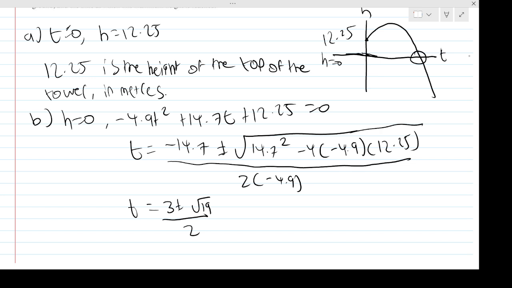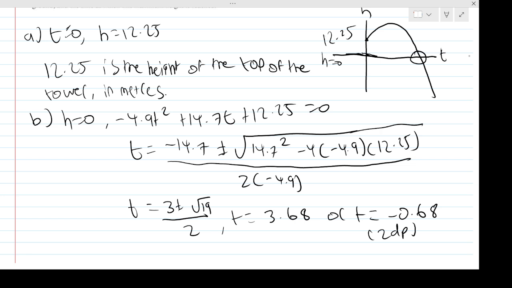And so if we put that to decimal, if we do the positive case, 3 plus root 19, you'd get 3.68 to 2 decimal places, or t is equal to minus 0.68 to 2 dp. Okay, but we've got two values.